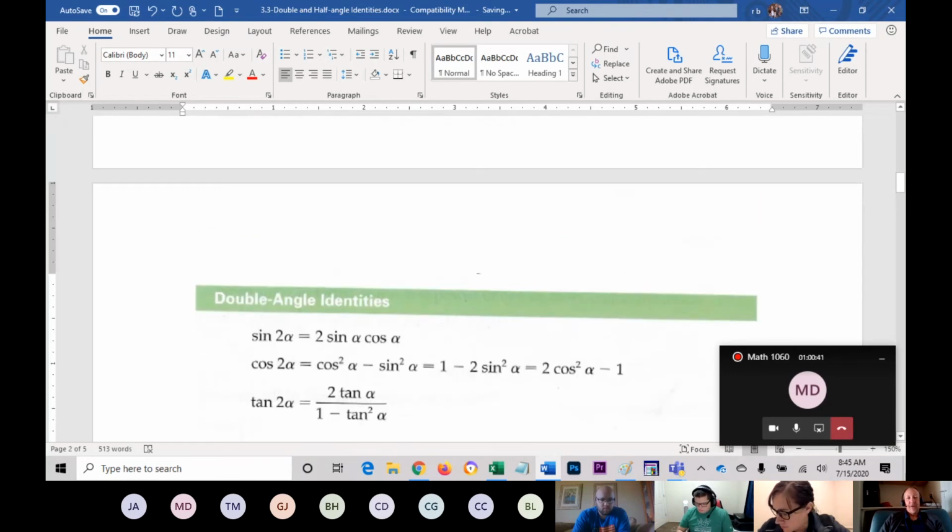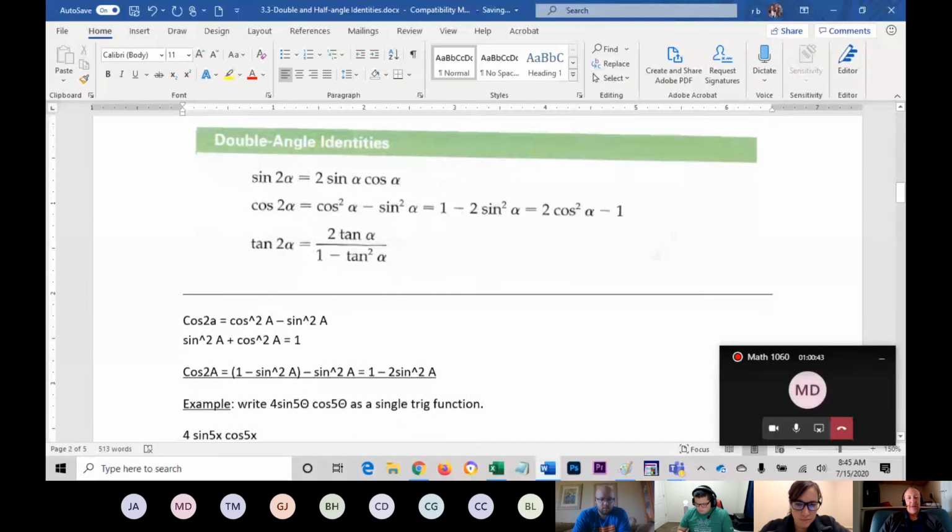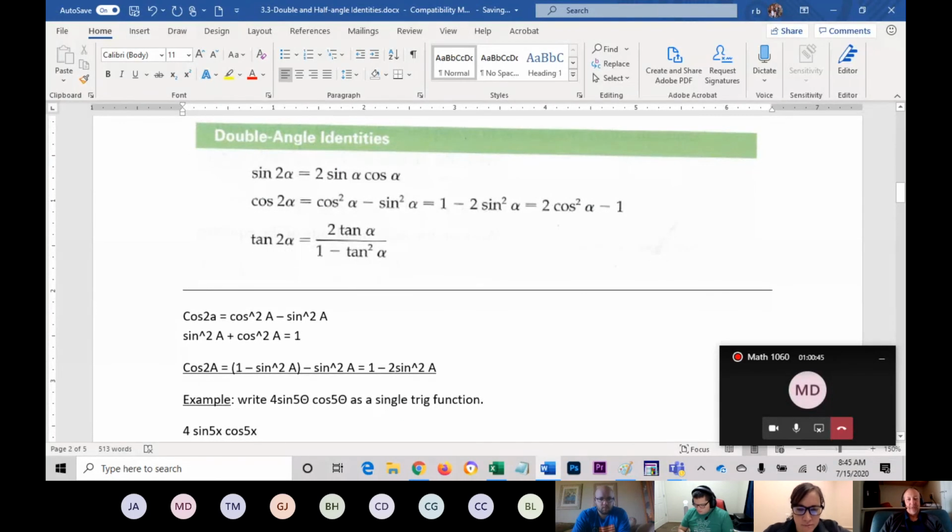Just as a reminder, we've got our nice double angle identities there. Which of those 3 does that look most like? The top one. If that was just a 2, it would be the top one, right? Could we write that so that there's a 2 in front?